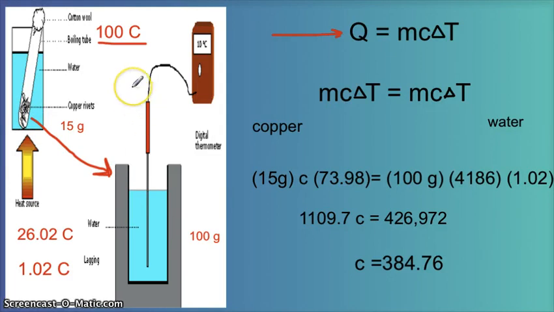So what happened is, I'm taking the numbers from when somebody else did this. You had 15 grams of copper, and it increased the water temperature by 1.02 degrees. We had 100 grams of water. We had 50 grams of copper. Notice it's not kilograms.